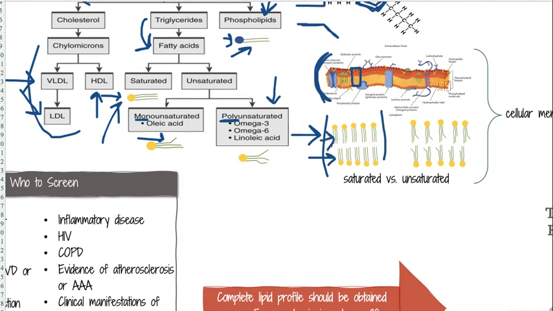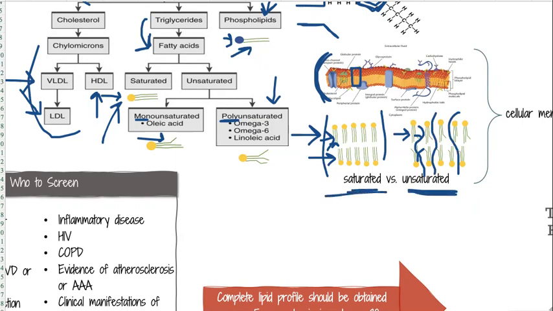See how these are tightly packed together. There aren't any spaces. If it's unsaturated, this leg kicked up here, or maybe 2 legs here, or what have you, creates more space and more fluidity in that cellular membrane, so that things that need to move in and out can move in and out. And that right there is why unsaturated fats are healthier than saturated fats.